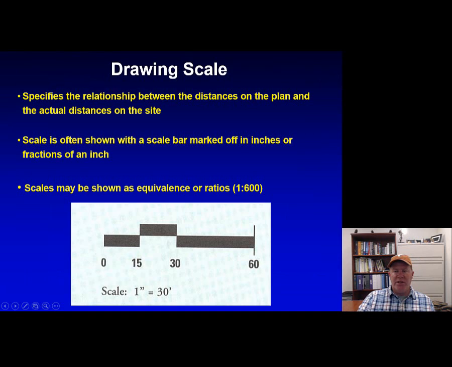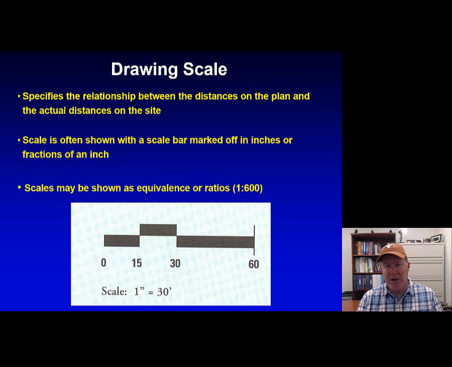Here we have the drawing scale, and a tool that we're going to use whether or not we're designing or installing landscapes or any type of construction plan. But the drawing scale, it specifies the relationship between the distances on the plan and the actual distances on the site.